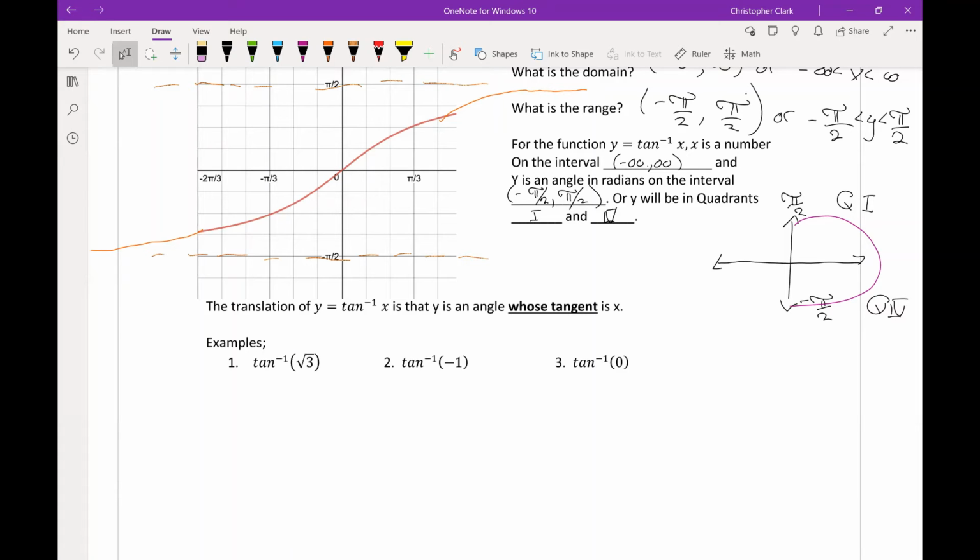If you were to consult your unit circle, you would get y equals pi over 3, because if I plug pi over 3 into tangent, I get root 3. Tan inverse of negative 1. So this would be what angle gives a tangent of negative 1. In this case, we get an angle of negative pi over 4.